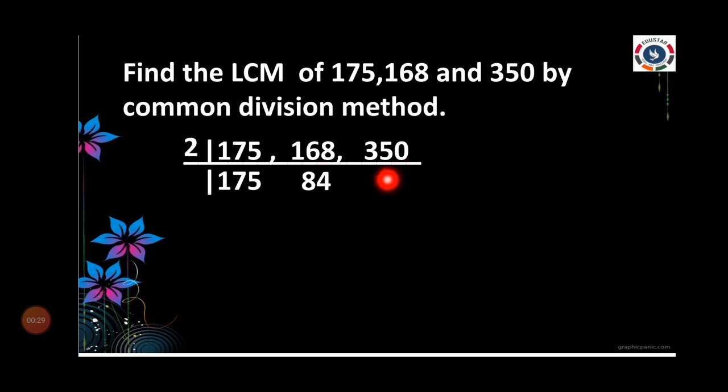Then move to the third value, 350. How many 2's are there? In 3, how many times of 2's are there? Only 1. I'm going to write 1 here, and we have one remainder.